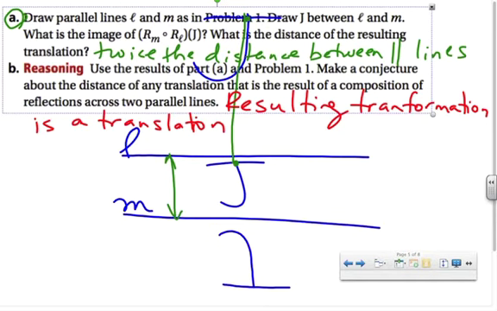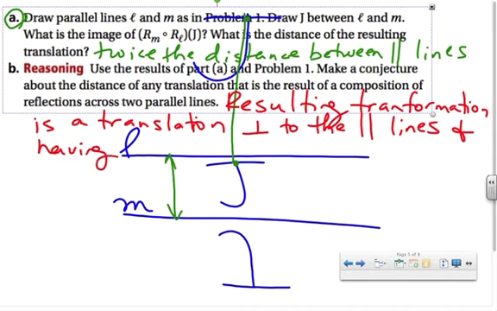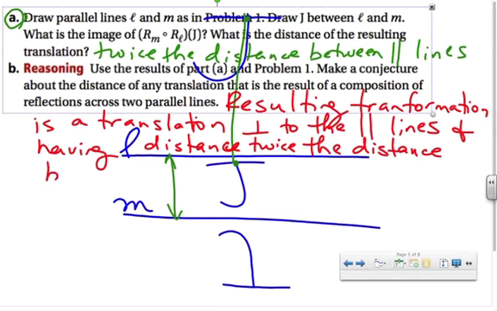So the resulting transformation is a translation perpendicular to the parallel lines and having distance twice the distance between the parallel lines.